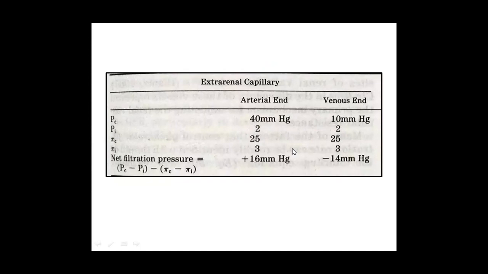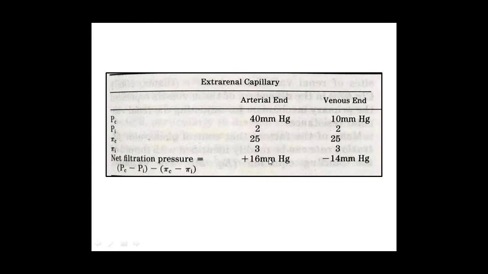Interstitial tissue hydrostatic pressure is due to fluid present in the tissue space, that means the tissue fluid or interstitial fluid. Pi C means capillary oncotic pressure, it is around 25 millimeter of mercury in the blood. Pi I means a little amount of protein is also present in the tissue fluid.